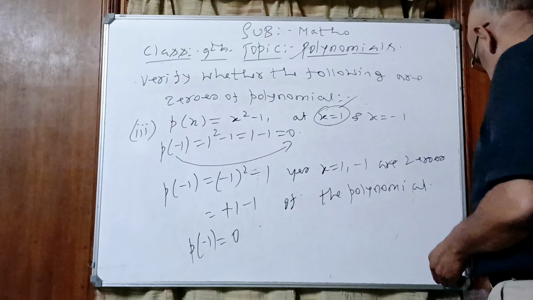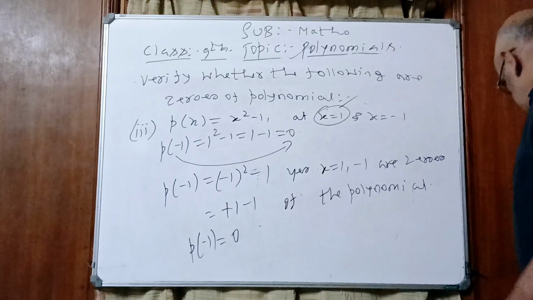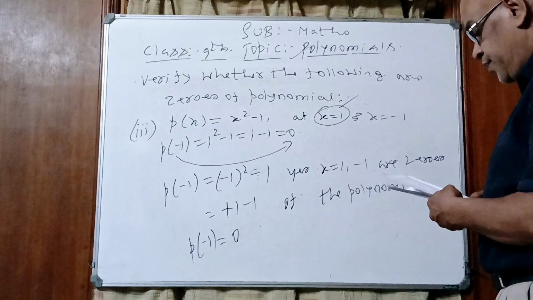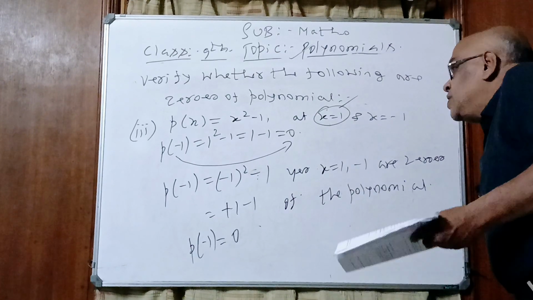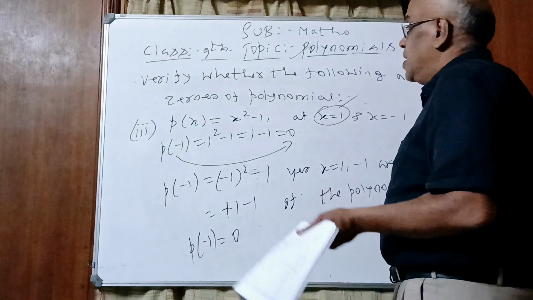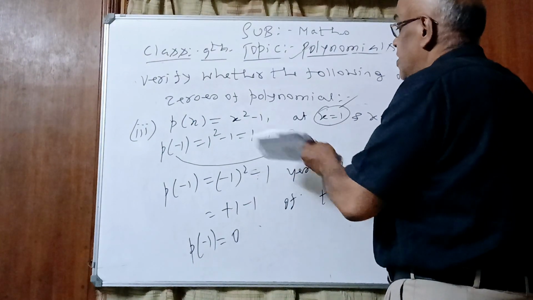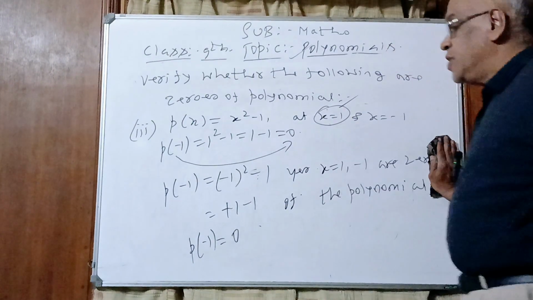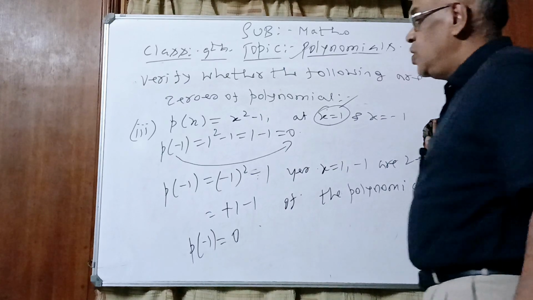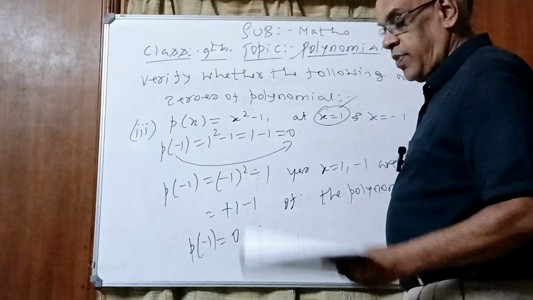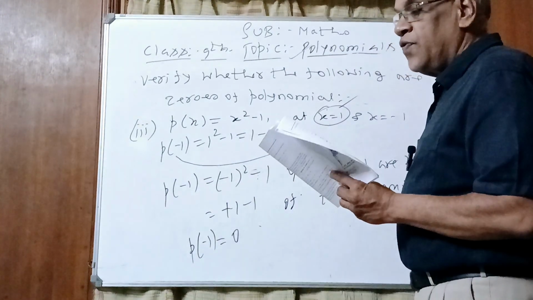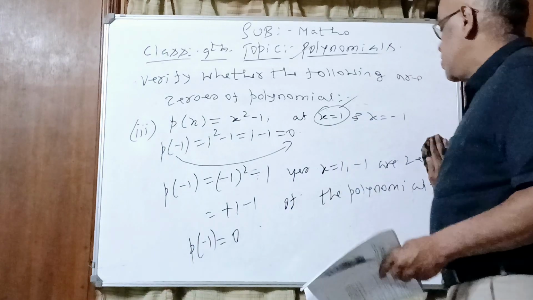Easy or not? Very, very easy. Yes or no? Next question. He says check whether the values are zeros of the polynomial. First one no. Second one no. First one yes. Third one also yes.